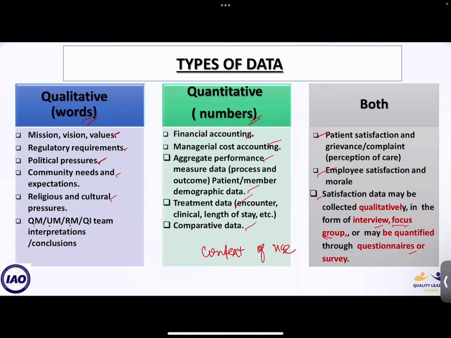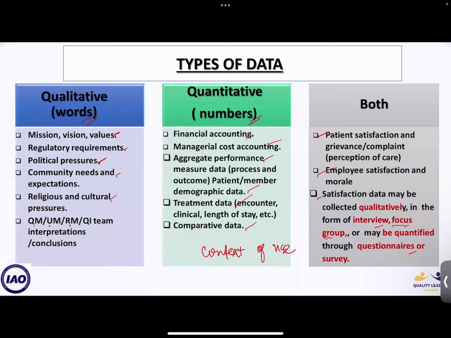However, if we conduct a questionnaire or a survey for patients and the result of the questionnaire tells you that the satisfaction rate is 80% and the dissatisfaction is 20%, what type of data is this? Quantitative. Yes, here the satisfaction percentage is quantitative data.